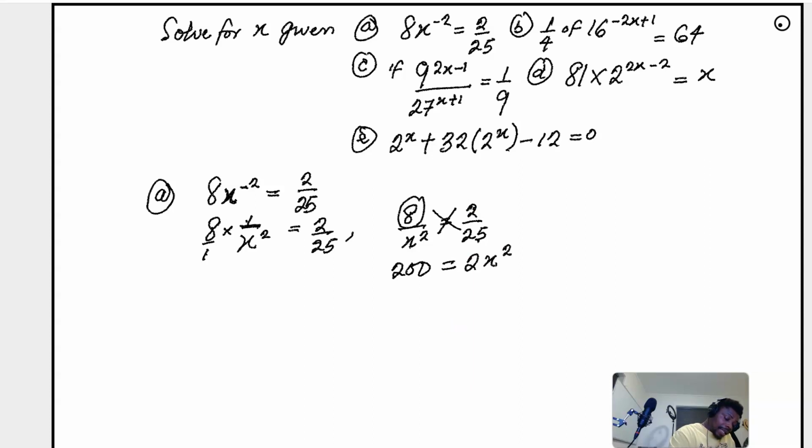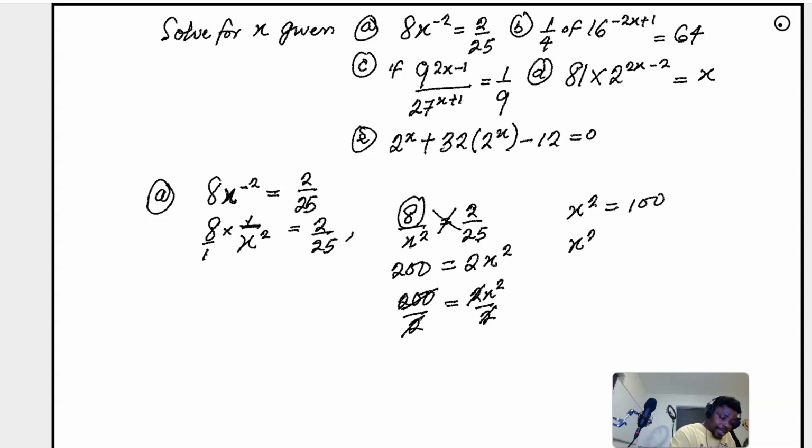Now, we can divide both sides by 2, because 2 is beside x squared. So 2x squared divided by 2, this cancels. So here, x squared is equal to, how many 2 can you get in 200? That is 100.